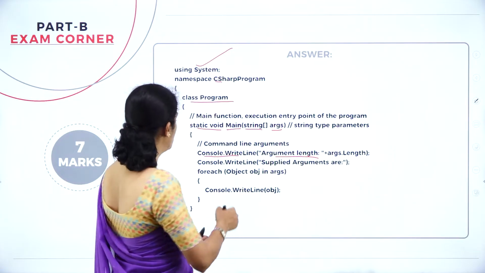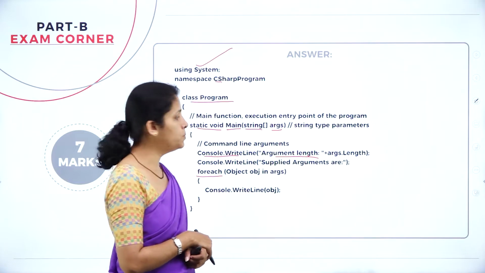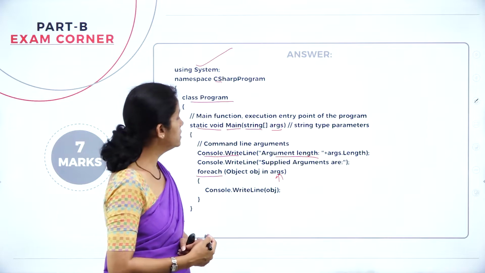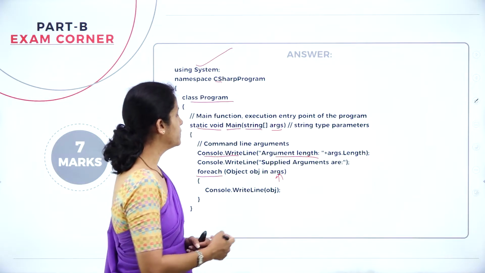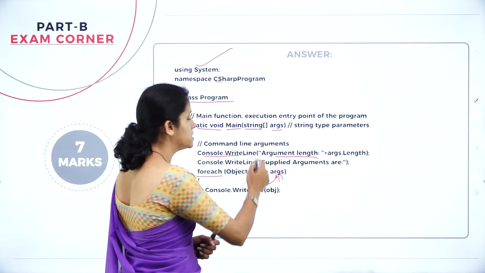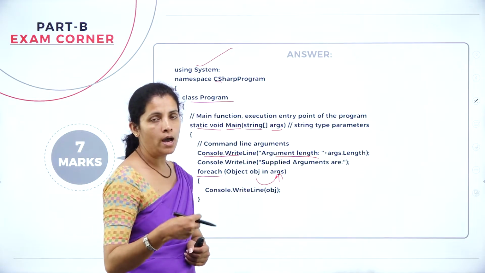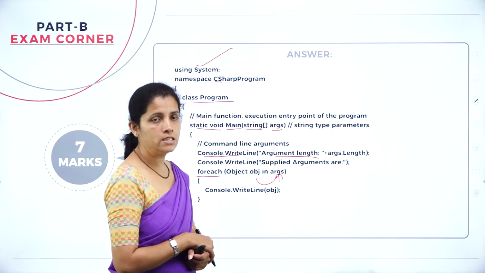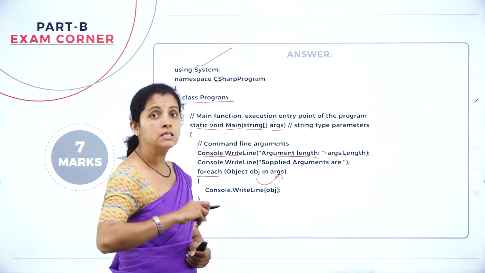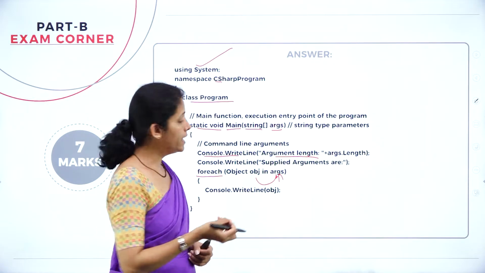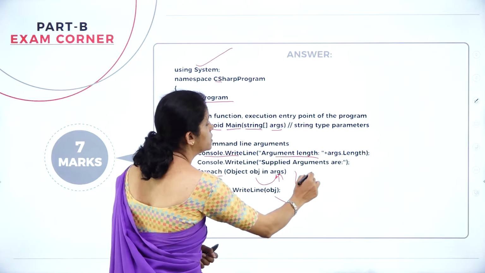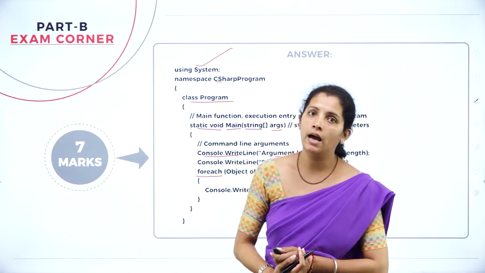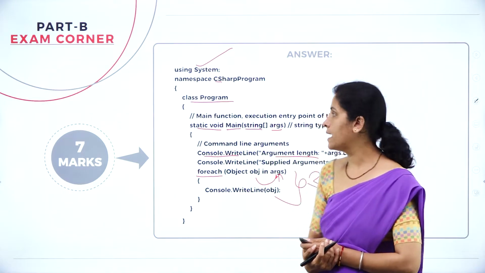So here I'm going to use foreach loop, and all the values are present under args, and I'm going to access the parameters one by one by using foreach. In the sense, if I pass 3 arguments, then this loop is going to execute 3 times. So this is the way I can write command line argument program.